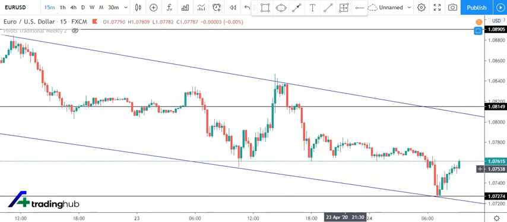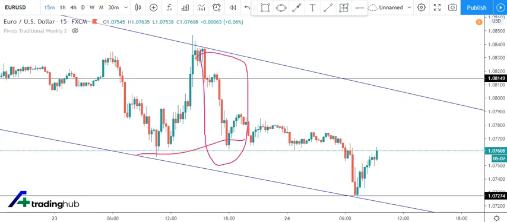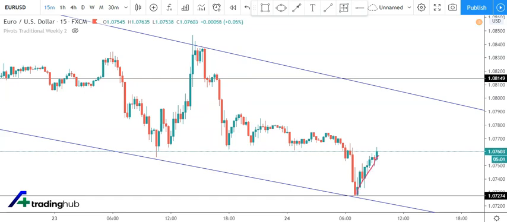Okay, so this is the 15-minute time frame. Look at the way the price action is. This is an impulse and breaking this bottom here. So price is already pushing up. So you wait for 3 hours from now.